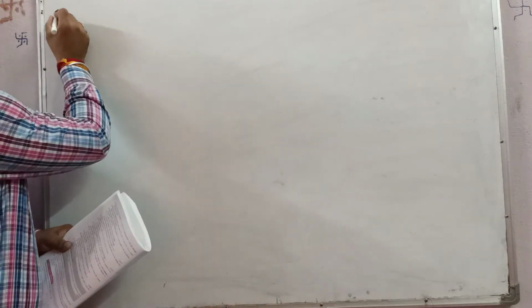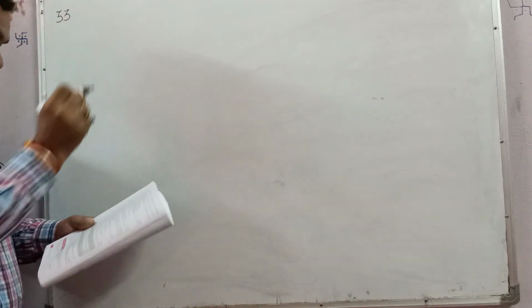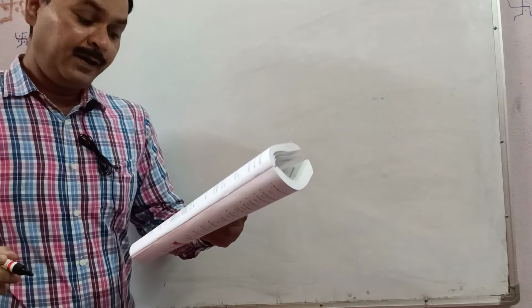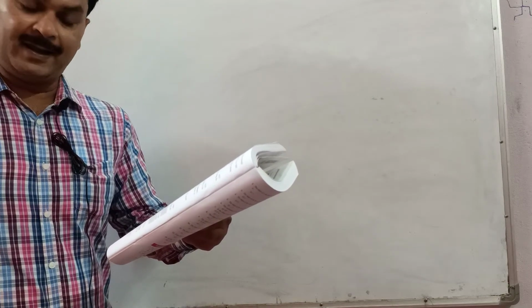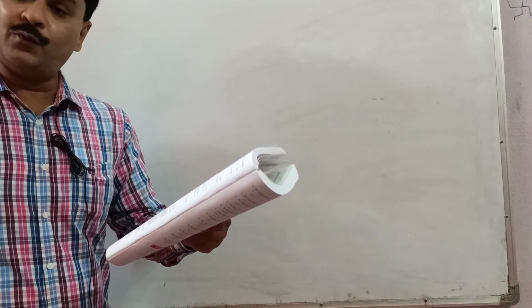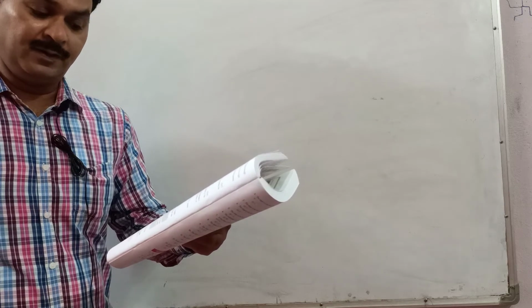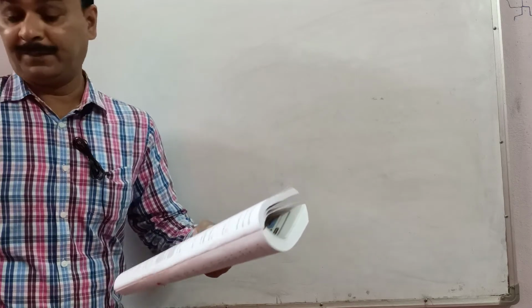Now question number 33. Find the image of the point (1, 2) in the line x minus 2y minus 7 is equal to 0.